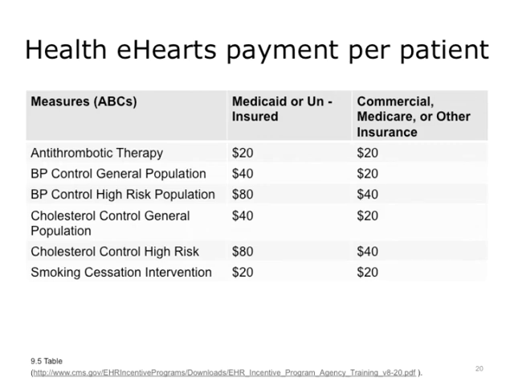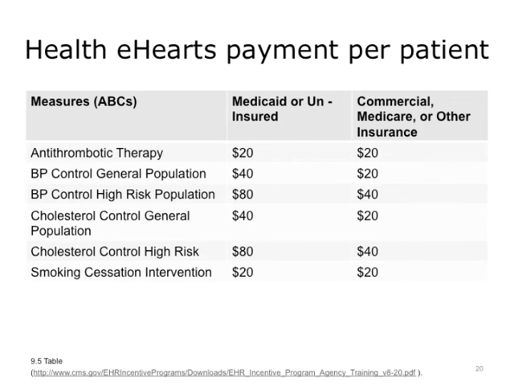This means for every patient that achieves the recommended goal, a payment will be made. For example, for each patient with diabetes or ischemic vascular disease, IVD, that is on antithrombotic therapy, the doctor will earn $20. For helping a patient with hypertension control their BP to the recommended level of less than 140/90, a provider could be paid between $20 to $80, depending on the patient's other comorbid conditions or insurance status as Medicaid or uninsured.